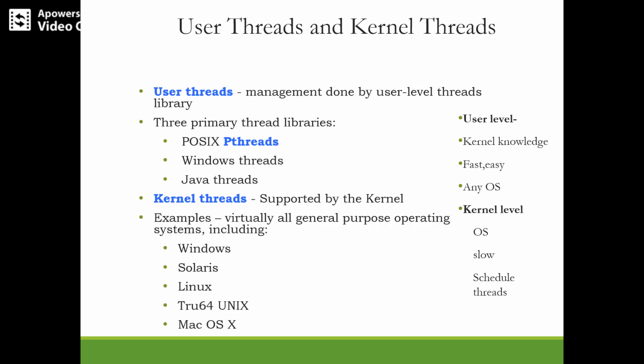With user level threads, the kernel will not be aware of the number of threads available in the system. The thread library contains the code for creating and destroying threads, passing messages and data between threads, scheduling thread execution, and saving and restoring thread context.